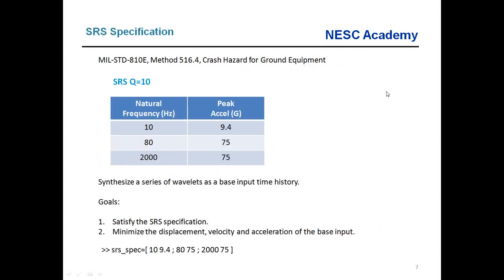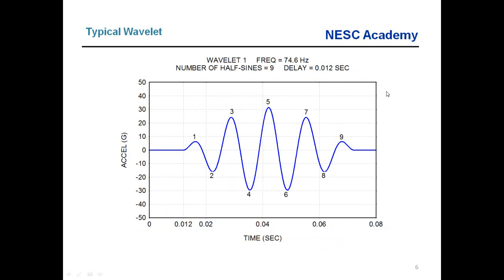But there's another consideration as well. For our case here, satisfying the SRS is the primary goal, but it's not the only goal, because we want to get the most bang for the buck. What we want to do with shaker shock testing is use the least amount of energy so that we can still satisfy that specification.